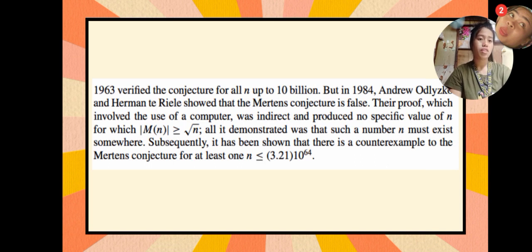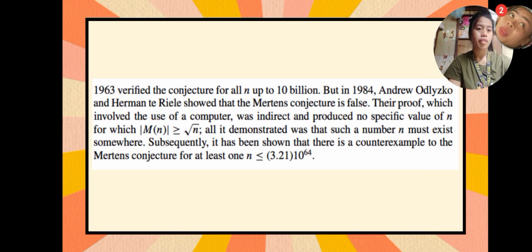But in 1984, Andrew Odlyzko and Herman te Riele showed that the Mertens conjecture is false. Their proof, which involved the use of a computer, was indirect and produced no specific value of n for which the absolute value of M(n) is greater than or equal to the square root of n.